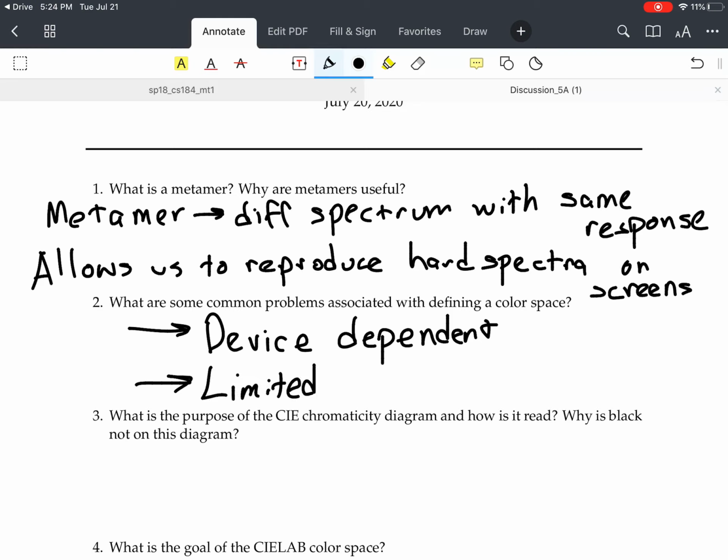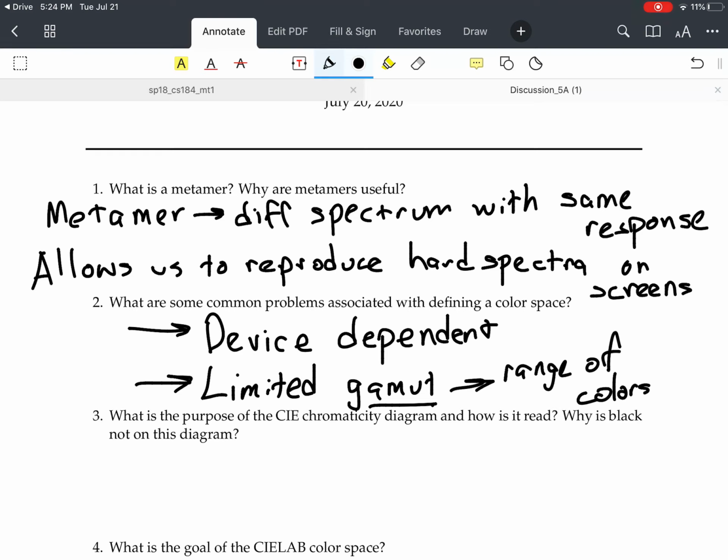The second, which we briefly talked about, is limited gamut. The gamut is the range of colors. Different screens will have different ranges of colors that they can possibly display.